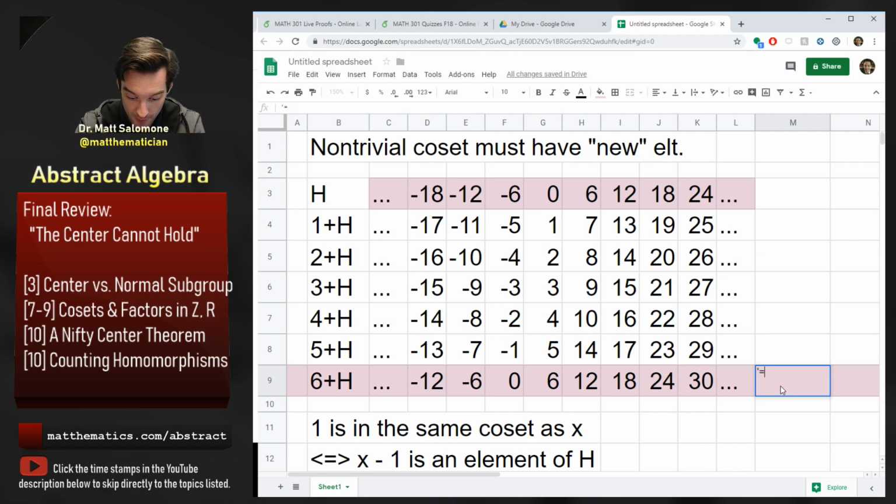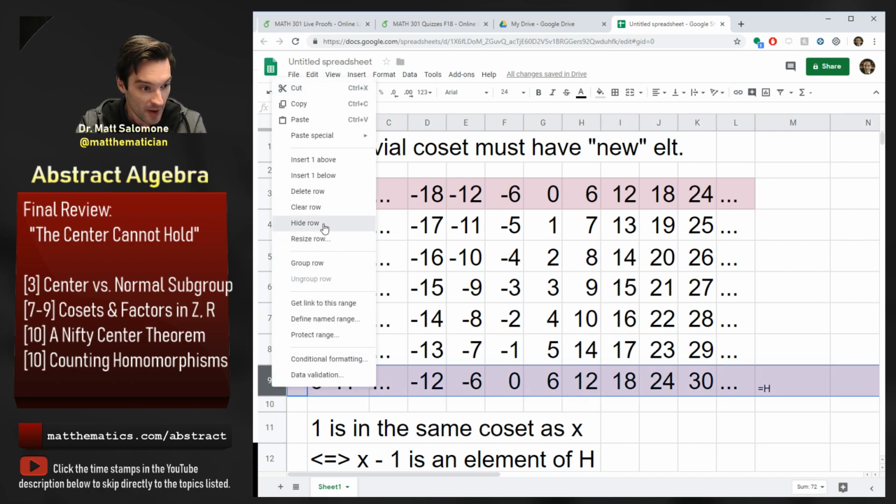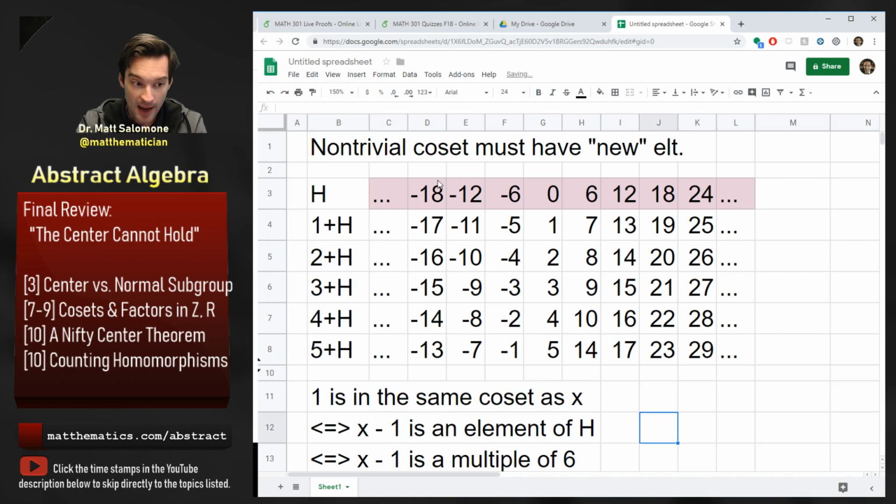And so what I ended up with here is just the original subgroup H again. So rather than listing it as a new row, we'll just forget about it. We'll hide it. And here then are my 6 cosets of H: H, 1 plus H, 2 plus H, 3 plus H, 4 plus H, and 5 plus H.